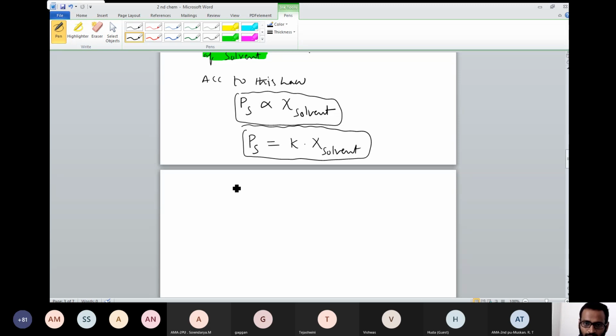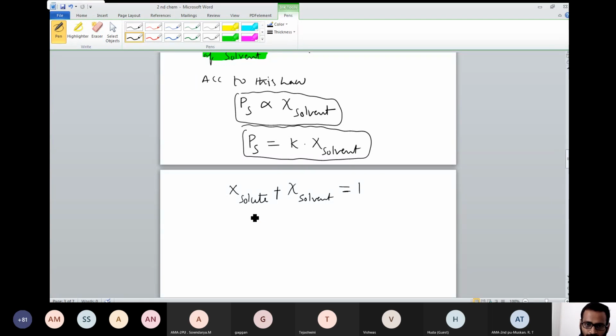Now I have one small derivation here. You know, the sum of the mole fractions is equal to 1. That is, mole fraction of solute plus mole fraction of solvent is equal to 1.